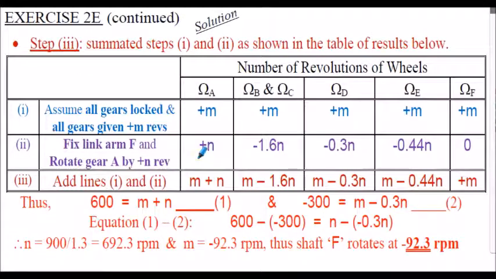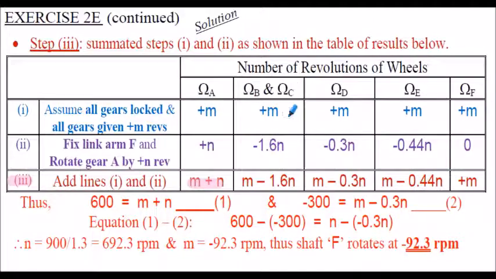And here are the ratios inserted into line 2 of our table for reference. Gear A positive n, gear B and C negative 1.6 n, gear D negative 0.3 n, gear E negative 0.44 n, and gear F, the link arm, is fixed. And of course then step 3, finally we summate the columns. So summating the column for the speed of the annulus, we get m plus n.